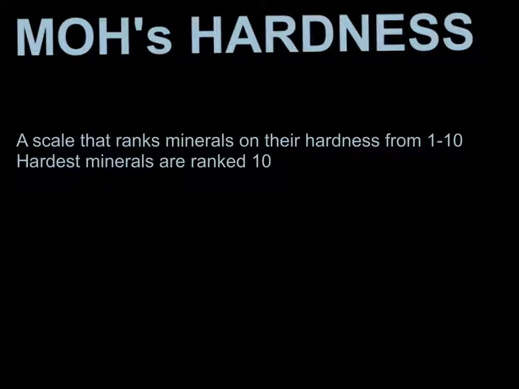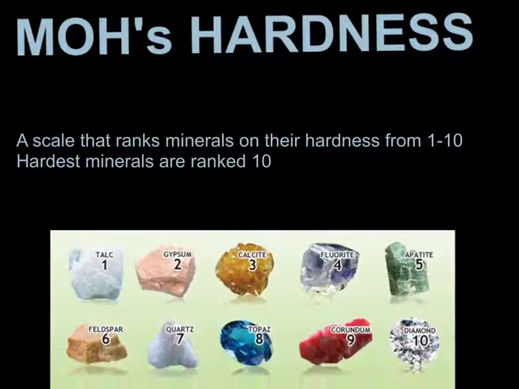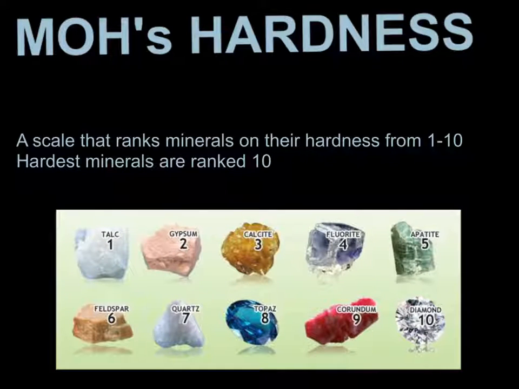The hardest minerals are ranked 10, so this means they can't be scratched pretty much, and the softest minerals are ranked number 1, so these ones can be scratched very, very easily. Our softest mineral here is talc, and talc is so soft that you can scratch it just with your fingernail. Whereas diamond is ranked number 10, there's actually no other known substance that is harder than diamond, so nothing can scratch diamond.